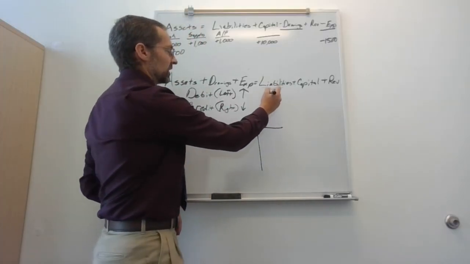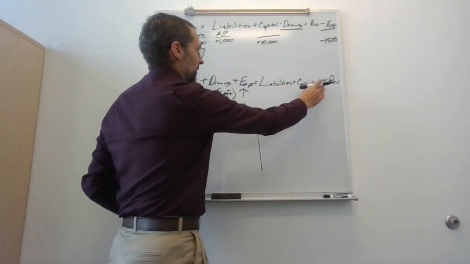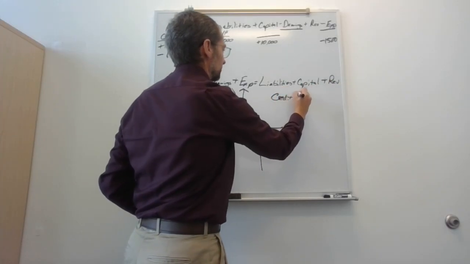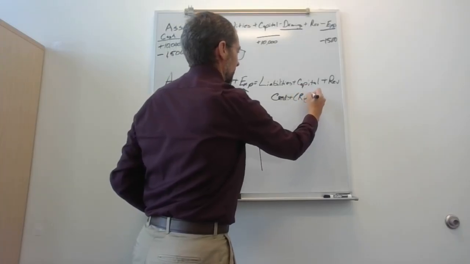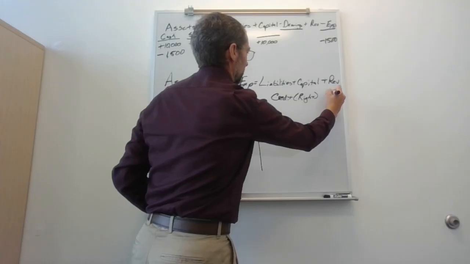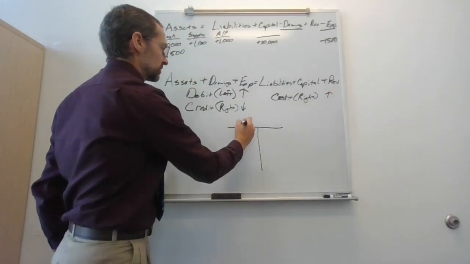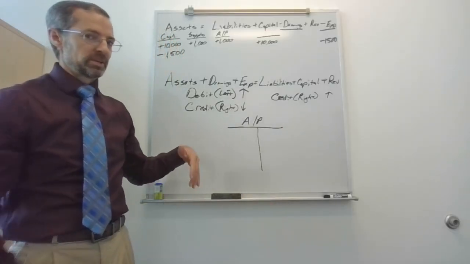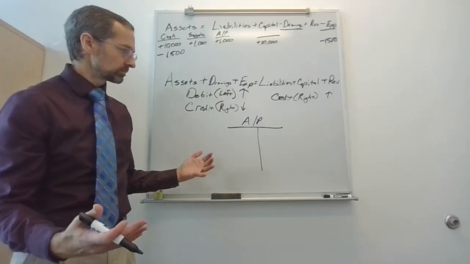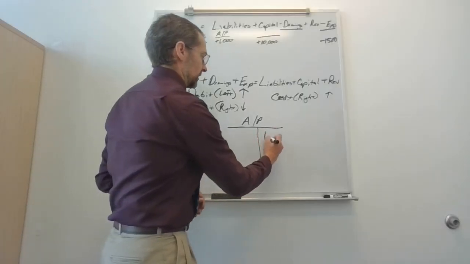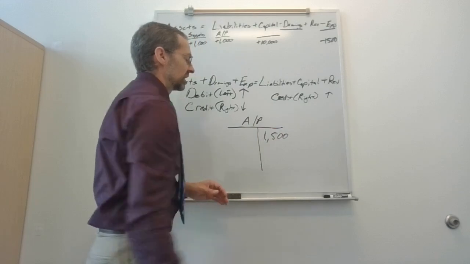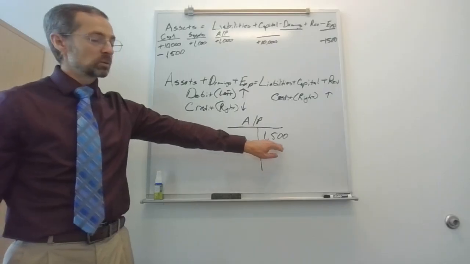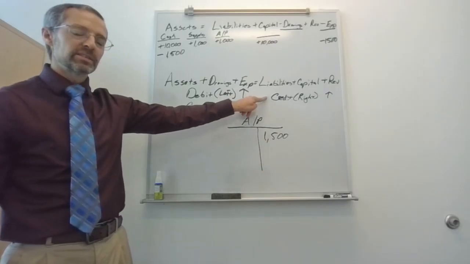So if a liability or capital or revenue goes up, we credit that to make it go up. So if I have more accounts payable, meaning I owe more money, let's say I owed $1,500, I put it on the right side to show that it is going up.